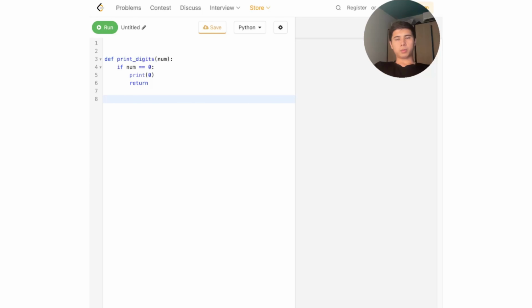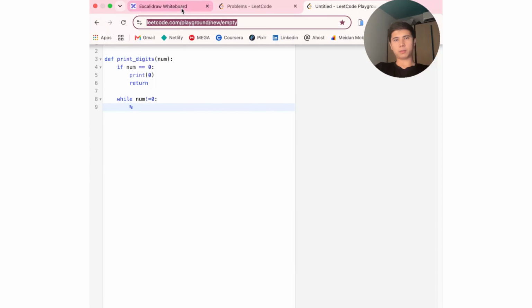So the algorithm needs to stop when the numerical part becomes 0. That's why we are writing a while loop: while number doesn't equal 0. Firstly, inside the while loop, we use the modulo, which is this symbol, dividing by 10, and we get only the digit part, which is the remaining part.